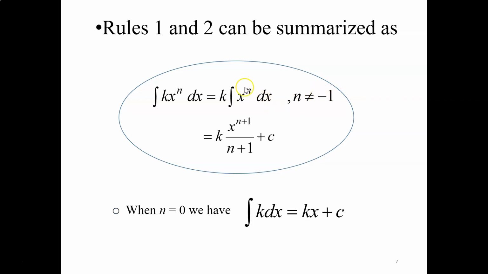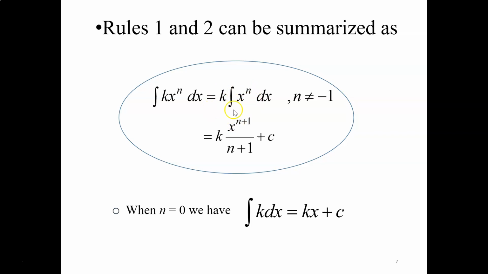Remember, the power over here should not equal negative 1. And when you have k over here, k is a constant. Let's say 2, 1, 3, and so on. You can take it and put it at the front. So the remaining part is only x, so it's easier for you to integrate.